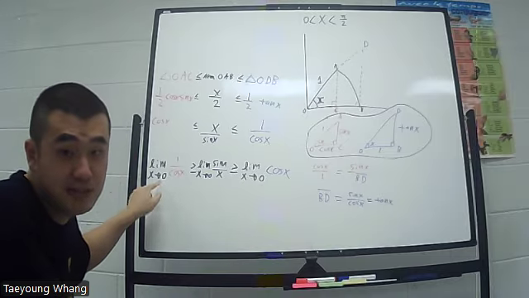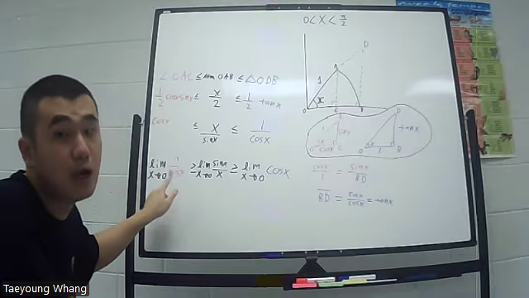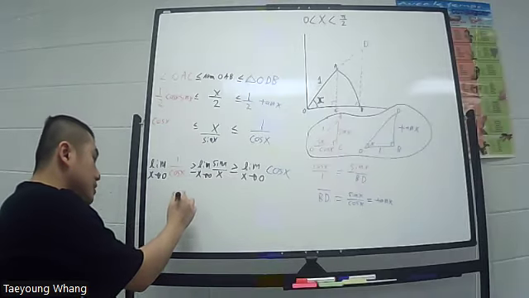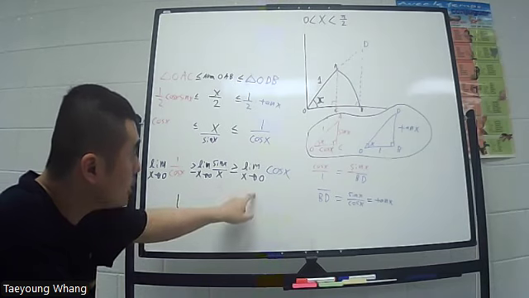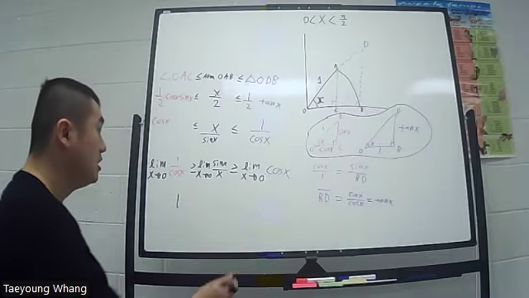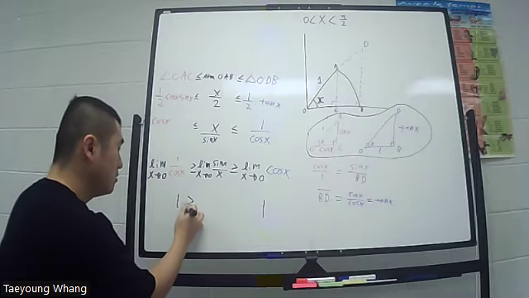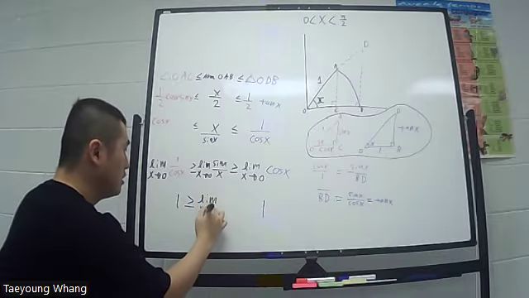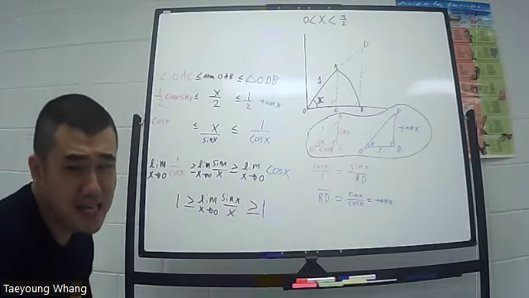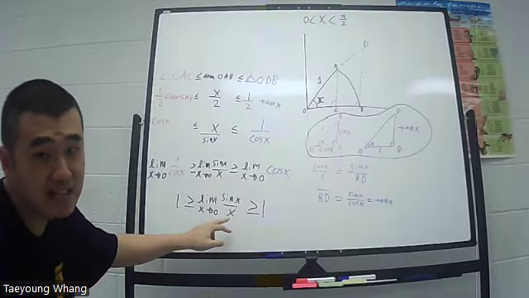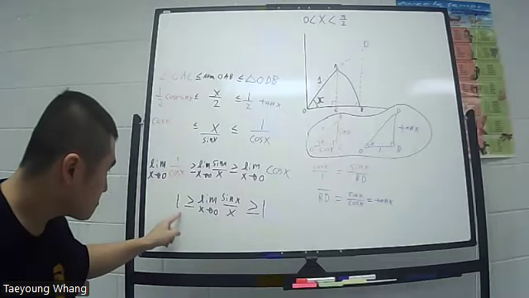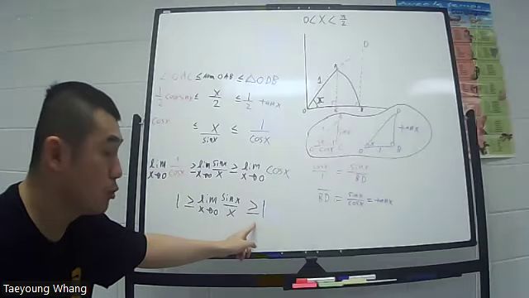Here, if I substitute 0 inside my 1 over cosine x, what does it equal? Cosine 0 equals 1, so therefore it's going to be 1. What about the limit of cosine x as x approaches 0? Cosine 0 is 1, so this is also 1. Wait a minute. That means my limit of sine x over x as x approaches 0 is a value that is less than or equal to 1, but greater than or equal to 1.